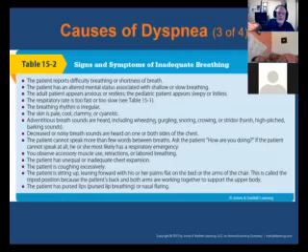When they're telling you they can't breathe, they're feeling like they can't breathe, and they're communicating that to you. Altered mental status. Last week in patient assessment, I kept over and over talking about patients with altered mental status not being able to protect their airway. So we have to do that for them.